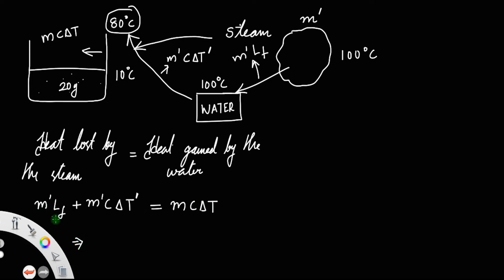Substituting the values, m dash you don't know, and the latent heat of water is 540, plus m dash.